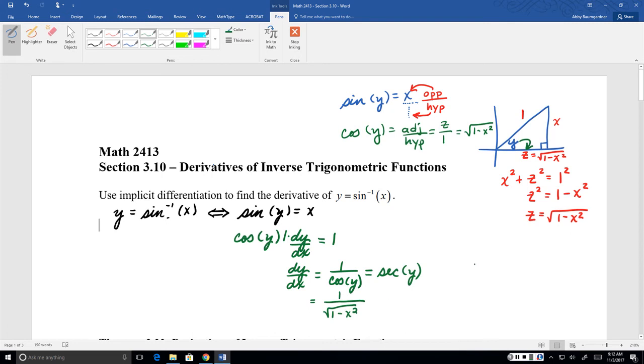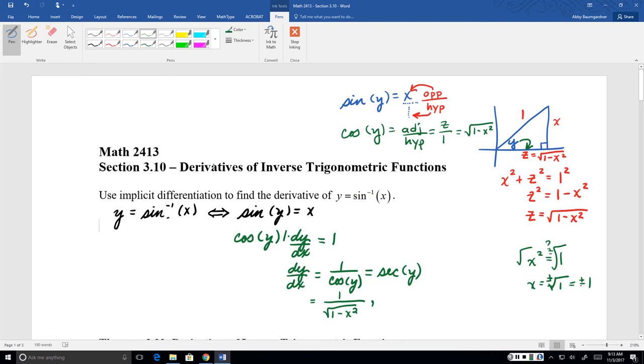Now we have to be a little careful here. We know we can't ever divide by 0, so we can't let x squared become 1, because we would get 1 minus 1, which is 0. So when is x squared equal to 1? Well, at positive or negative 1.